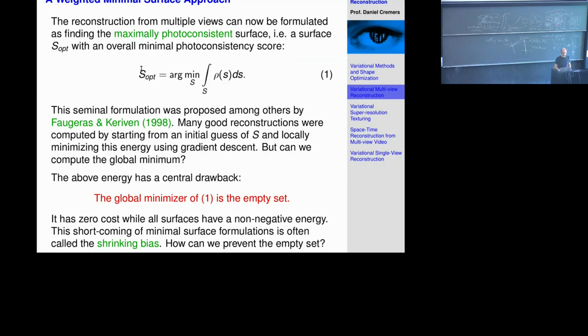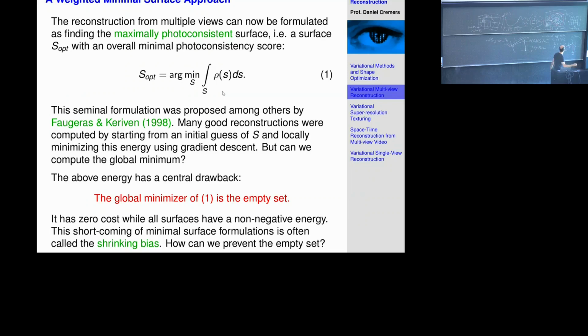So that's very simple. The only caveat is now I need to compute a minimizer. And if you do this with a parametric surface, then you will invariably get stuck in local minima. Then you have a highly non-convex problem. And so, unfortunately, these loss functions are not convex as a function of the surface.